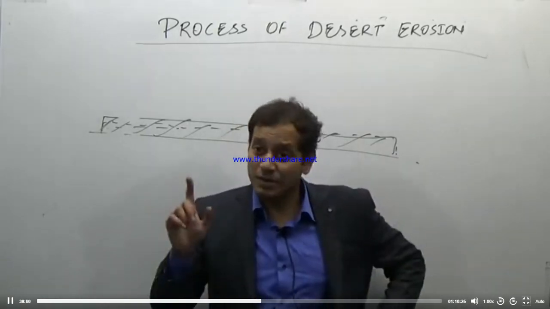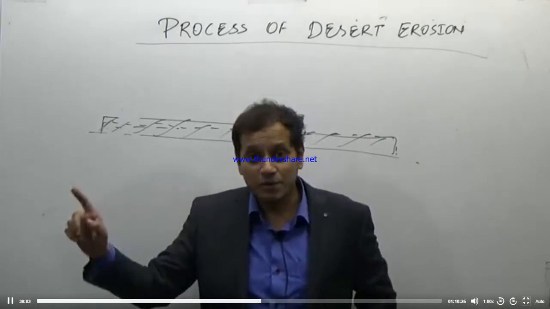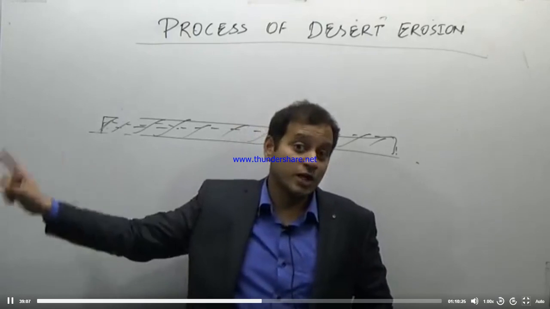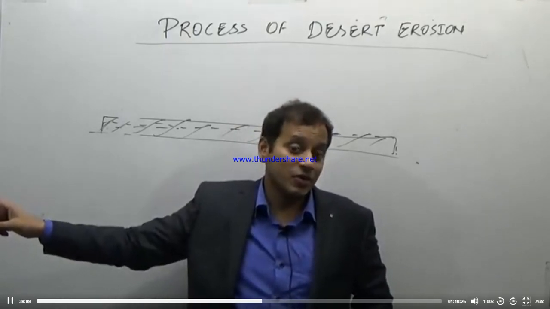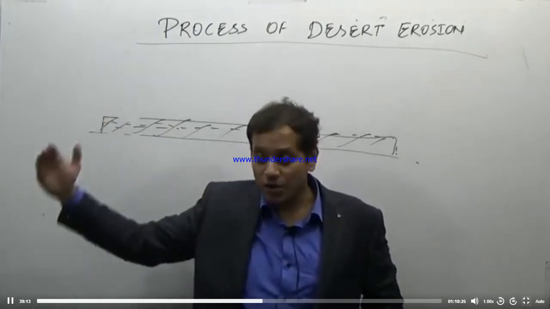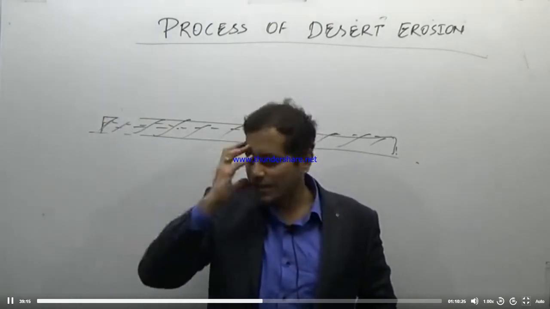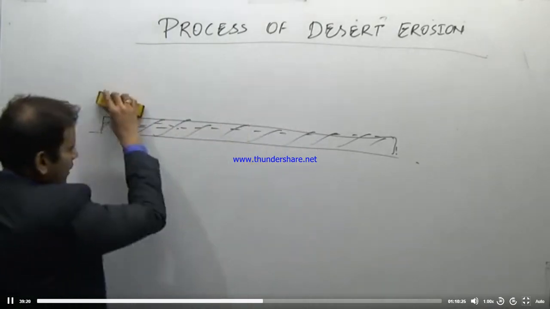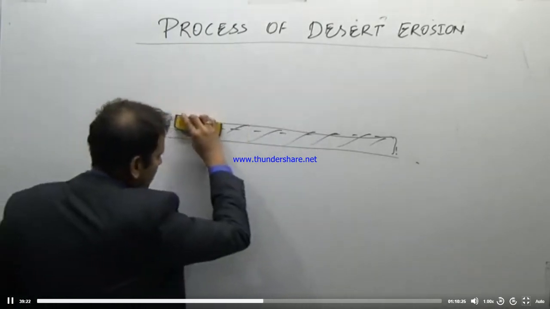The wind becomes so powerful during cyclones and tornadoes, which we are going to study in climatology, that they can uproot houses also. But generally, the stronger and faster the wind, the more dusty and sandy it is.